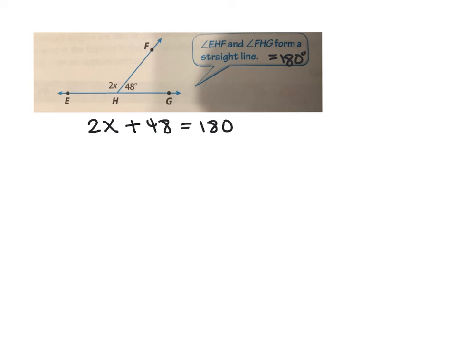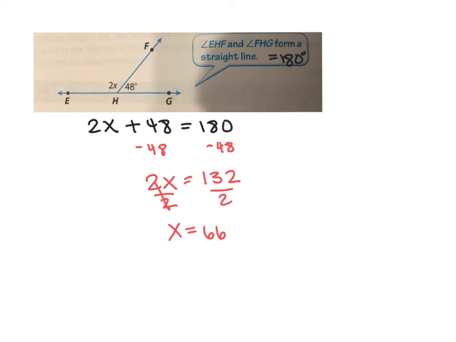So I will subtract 48 from each side of the equation. That gives me 2x equals 132. Now x is being multiplied by 2. I undo that by dividing by 2. 132 divided by 2 is 66.